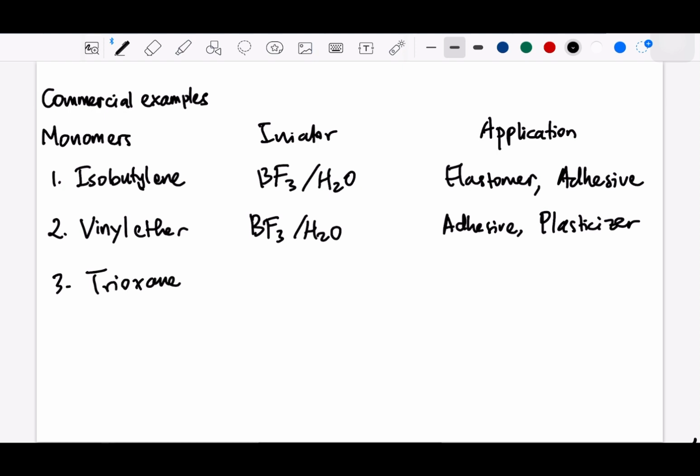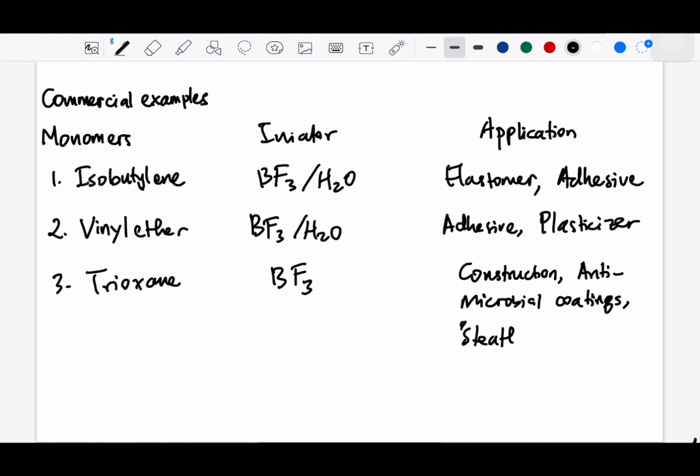Trioxane, this is BF3. This is for construction, for antimicrobial coatings, and some also for stealth nano coatings.